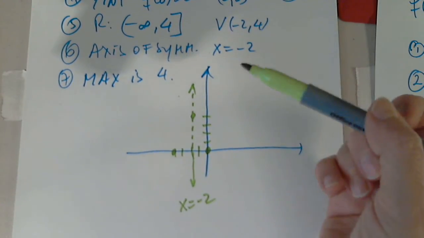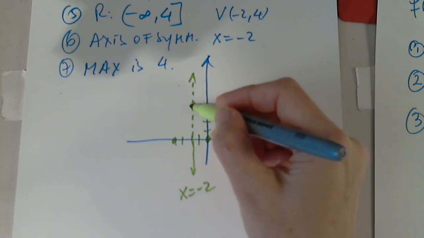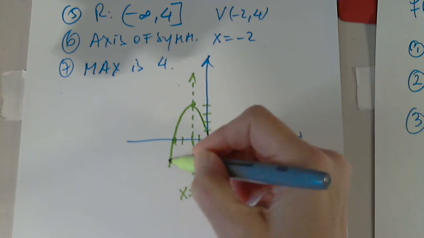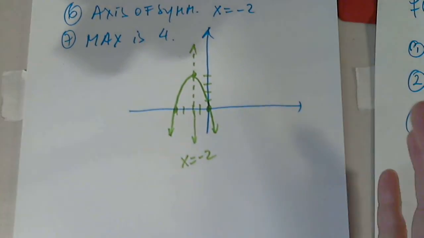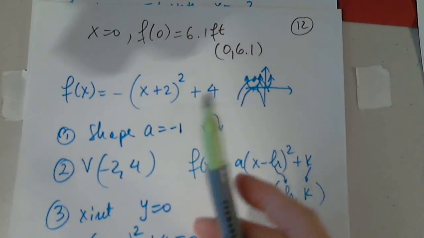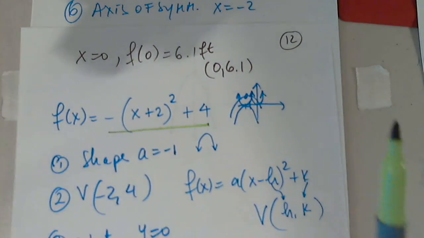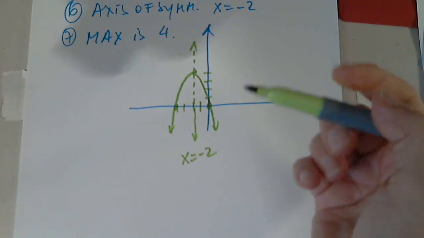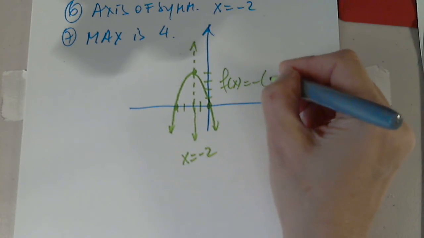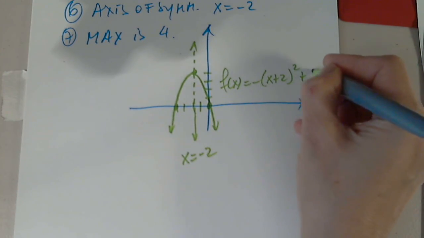And the y-intercept is 0, 0 as well. So this is the graph, which you already know. We knew everything because we graphed it using transformations, which I couldn't do with the previous one. But this one, perfect. That's why we studied transformations. And this is the function f of x equals negative (x plus 2) squared plus 4.